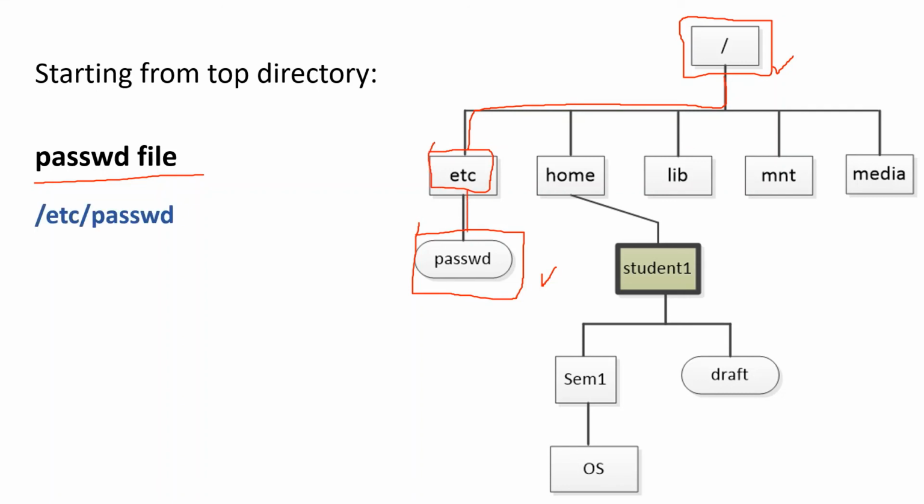So this is the absolute path of the password file: /etc/password. So given a system, a user needs to provide the path name so that the system is able to recognize the location of the file. So we are finished with the absolute path. Okay, so we move to relative path.